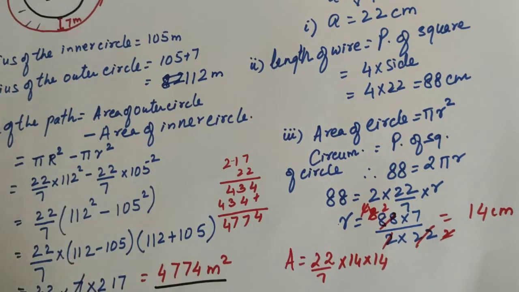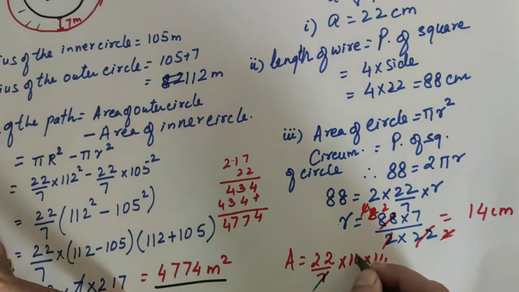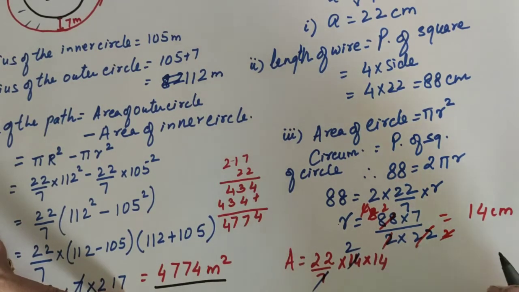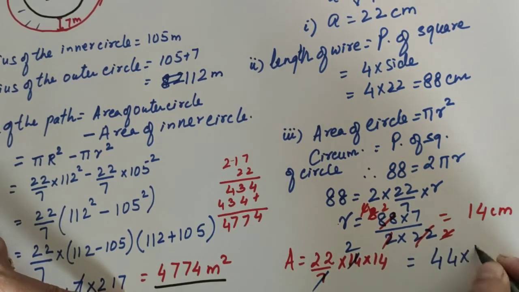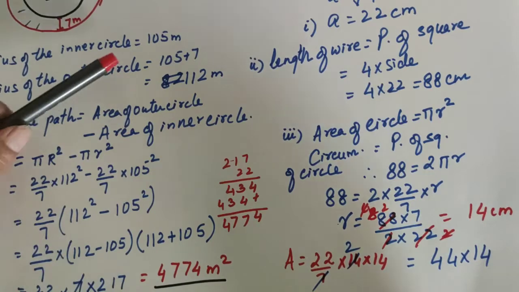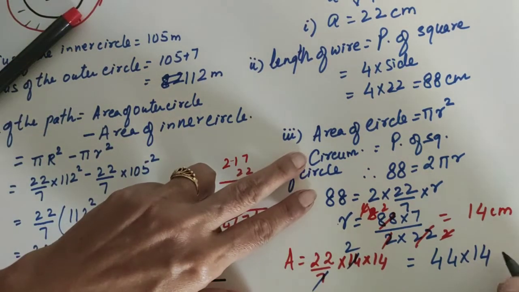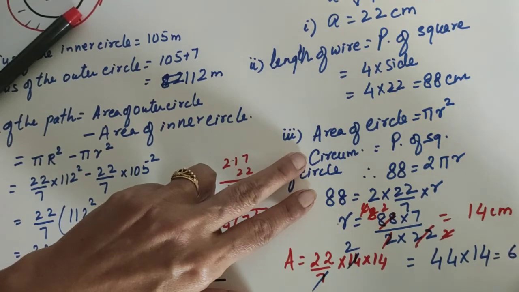7 2s are 14. So it is 44 into 14. I'll multiply this. 4 4s are 16, 4 4s are 16 plus 4 1s are 4, 4 1s are 4.